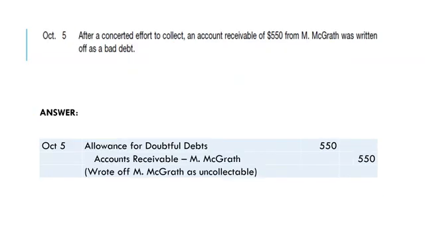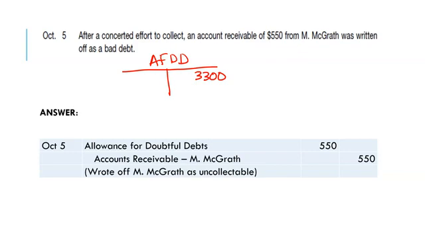Later on, you want to write off. Let me just draw these accounts. This is your allowance for doubtful debt. Now we have 3300. You provided 3300 as your doubtful debt.